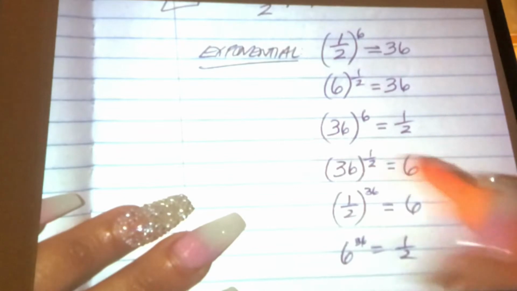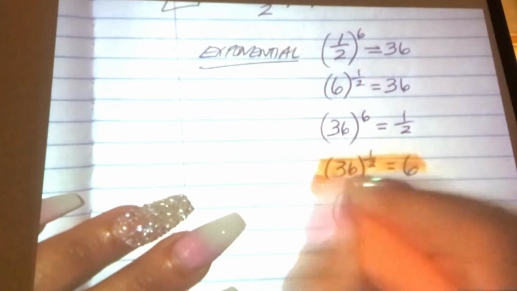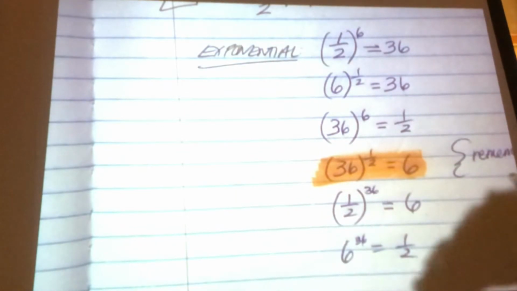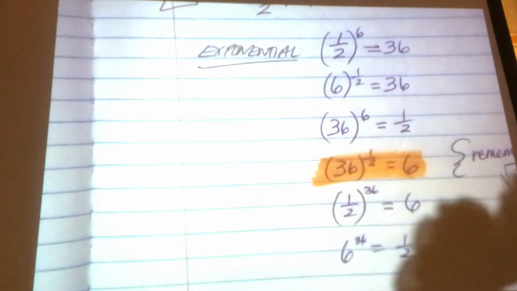36 to the 1/2 is 6. This is the true one. We already remember that 1/2 power is the same thing as a square root. So just as a reminder, this is the same thing as the square root of 36 equaling 6. Just in case you forgot.